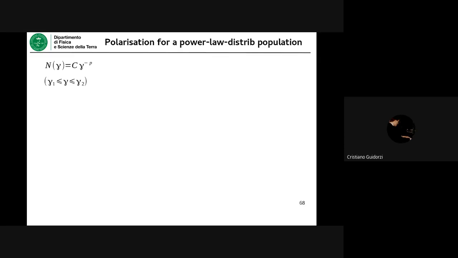So again, I'm not going to say it in too much detail because I've already said that. But again, that means that you have a distribution function which describes how probable each Lorentz factor is. In particular, they are distributed according to a power law whose index P describes the power law. And typical values, for example, are 2 or 3.